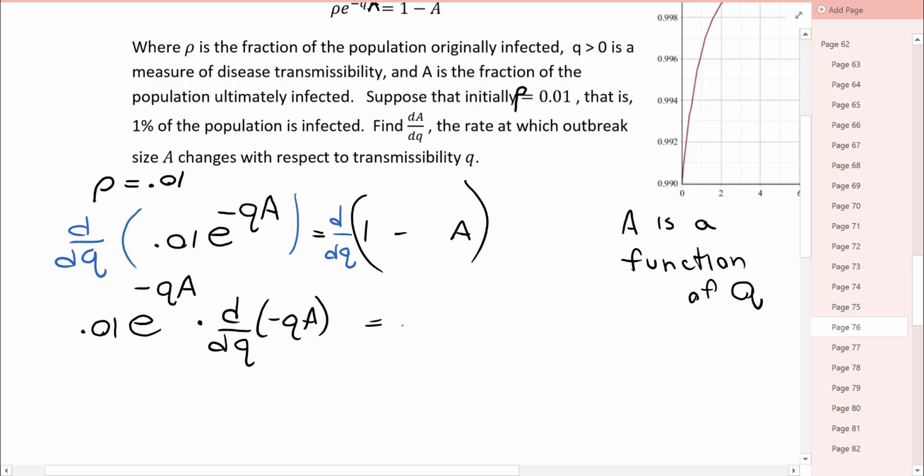And then on the right-hand side, well, it's just going to be 0 minus dA dq. So we're trying to find dA dq.